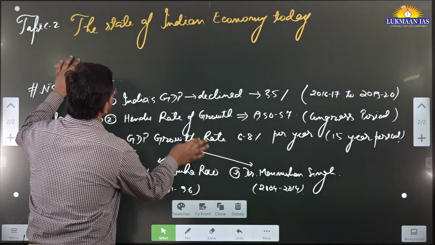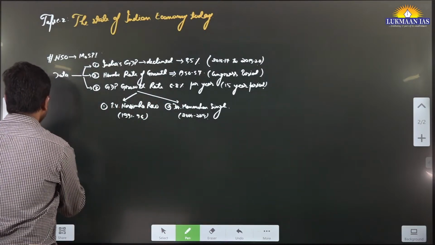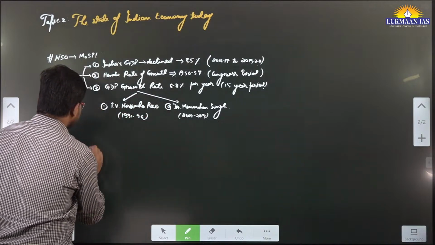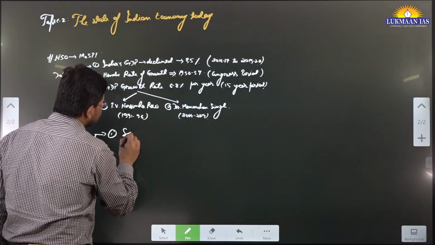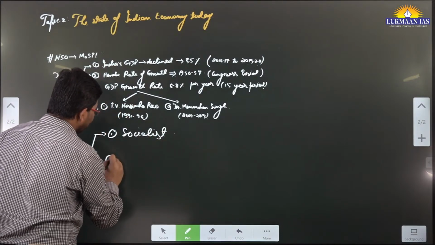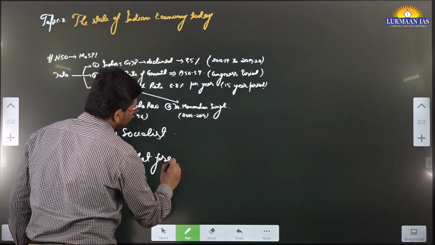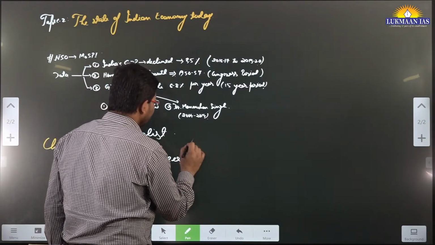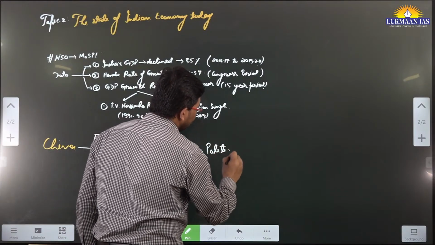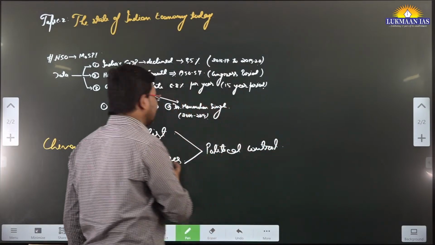So here the author has compared the Indian economy with China. Let us discuss China. Earlier, in one phase, China was a socialist country, but in the second phase they allowed market forces to play a role. In both cases they had political control over the country, meaning political dictatorship was there.